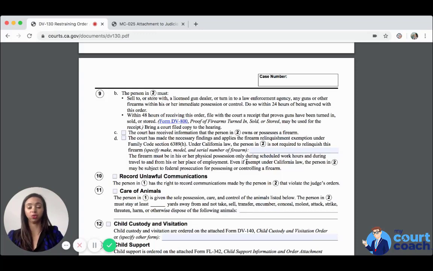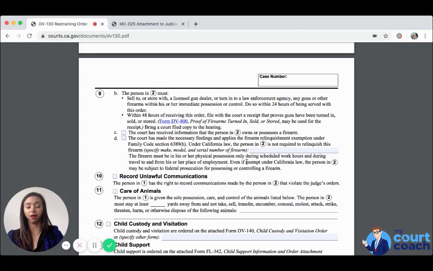Sometimes the courts do schedule a firearms hearing after your restraining order hearing, and the only person that really needs to appear on that day is the respondent or the alleged abuser by that point. If you're having this, then you are the abuser. The court has received information that the person in 2 owns or possesses a firearm. The court has made necessary findings and applies the firearm relinquishment exemption under Family Code Section 6389(h).